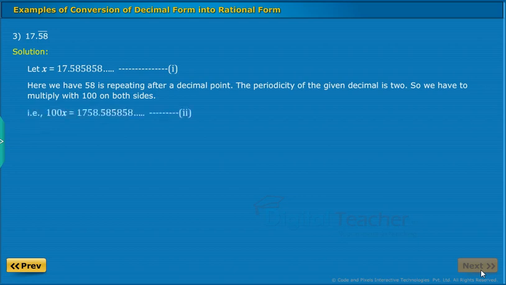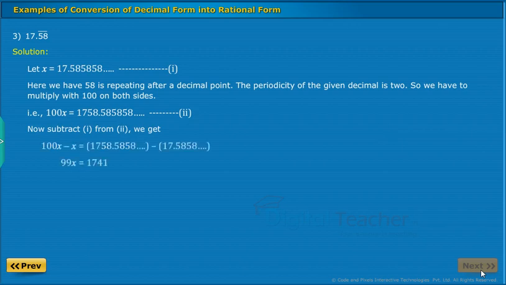That is 100x equal to 1758.585858 and so on. Let us represent it as equation 2. Now, subtract 1 from 2, we get as follows. Thus, x is equal to 1741 by 99. Therefore, 17.58 bar is represented as 1741 by 99.